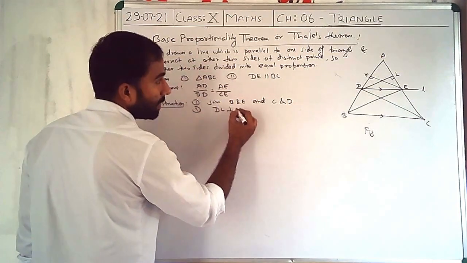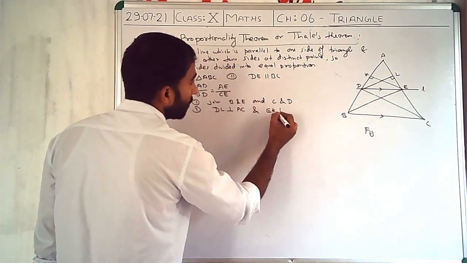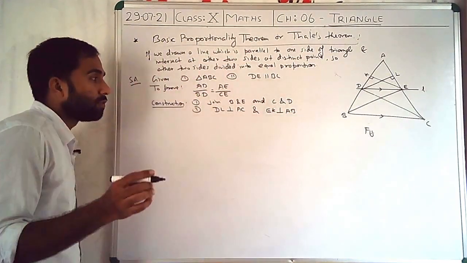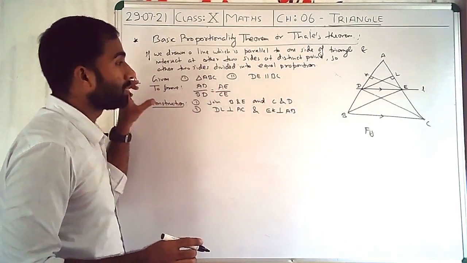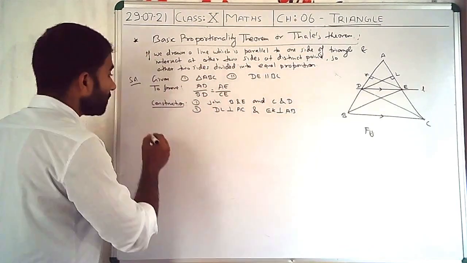DL is perpendicular on AC and EK is perpendicular on AB. Okay, now listen carefully. We have completed 3 steps. Now we are going to do the final step, proof.